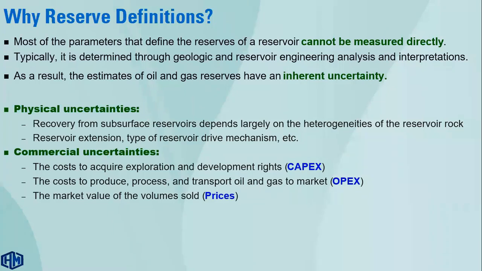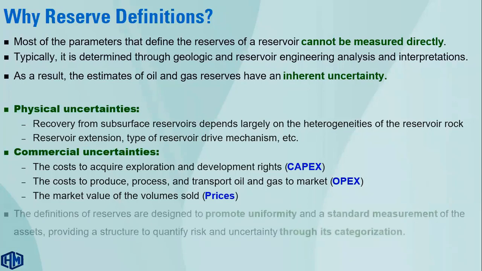The OpEx, or operating cost, is the cost for production, processing, and transportation. And prices are the market value of the hydrocarbon product we have, maybe oil or even gas condensate or dry gas. So it's important to set standard definitions for reserves and common terminology for global reserve discussions.